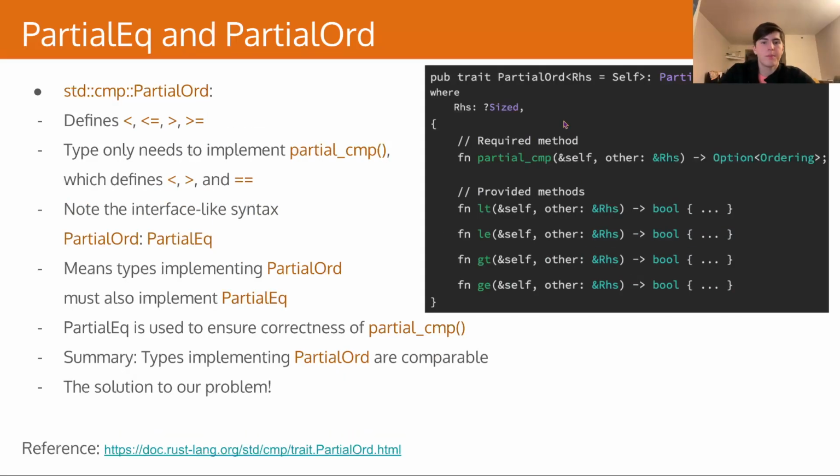PartialOrd is a bit more expansive. It builds off of partial_cmp, which already defines these things, but it also defines less than and greater than. This trait defines less than and greater than for you, which you can implement under this interface here.